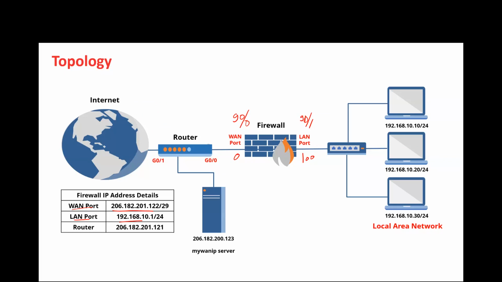But here the reason why we are unable to access is, if you look into the LAN computer IP address, it is 192.168.10.10, 10.20, 10.30, something like this, some 10.0 network. Now, when you look into this 192.168.10 dot network IP addresses, are these public IP addresses or private IP addresses?